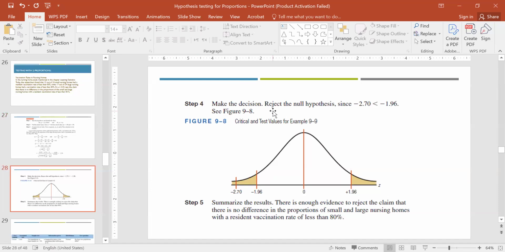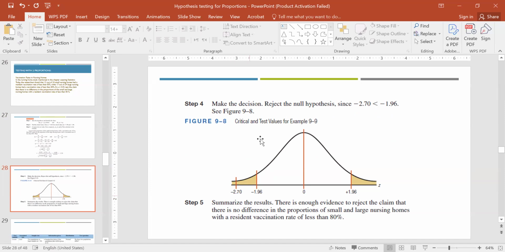In step 4, we have to make the decision. As you can see, this 2.70 value falls in the critical region. It's on the negative side, so it is less than minus 1.96. It falls over here, and this is the rejection region.